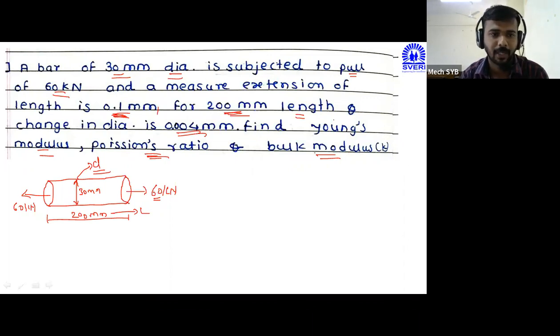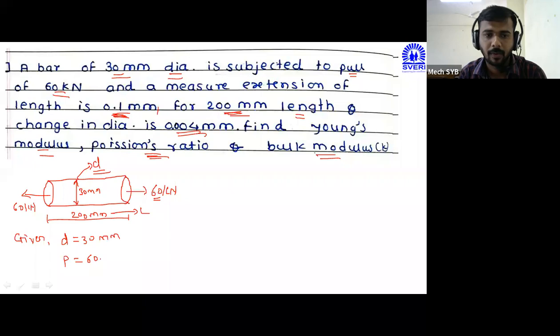Okay, if we will write all the given parameters. First, capital D is equal to 30 mm. Okay, P is equal to 60 kilonewton is equal to 60 into 10 raised to 3 Newton. Okay, delta L is equal to 0.1 mm and original length is equal to 200 mm.